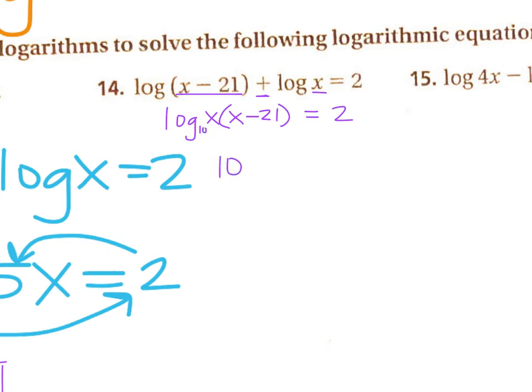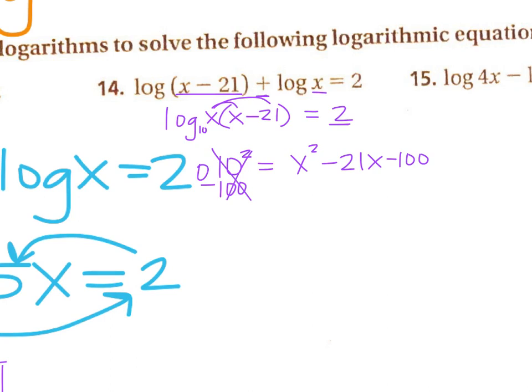So 10 to the second power equals, and then I'm going to go ahead and distribute this, x squared minus 21x is what it's going to be equal to. And then we can solve from here by taking away 100 from both sides. Let's just write it up on the line. So minus 100.